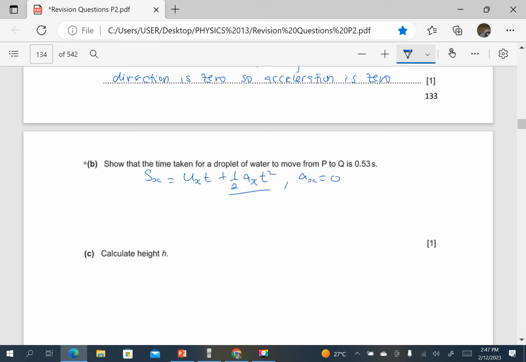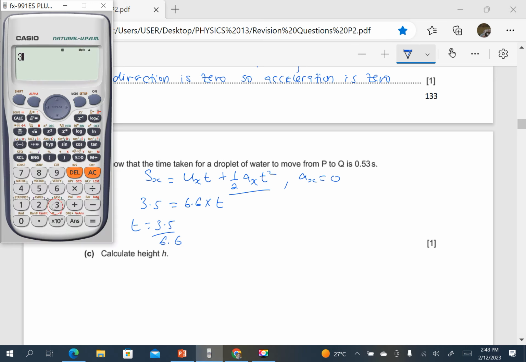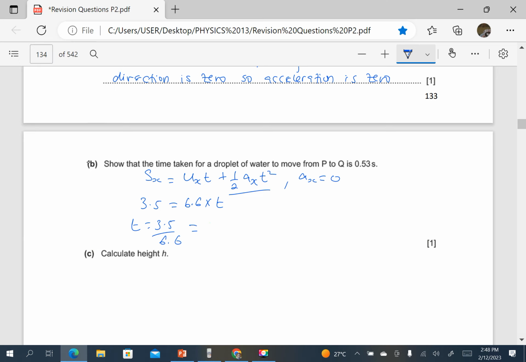So this part becomes zero. s in the horizontal is 3.5, equal to the initial velocity in the horizontal, 6.6, times the time t. So t is 3.5 divided by 6.6, that is 0.53.